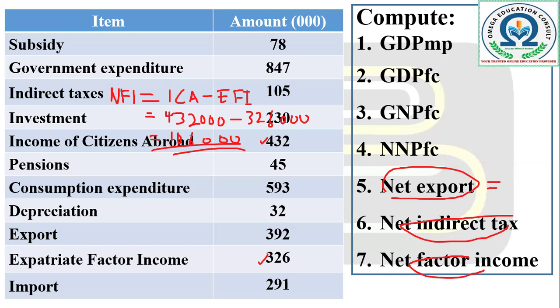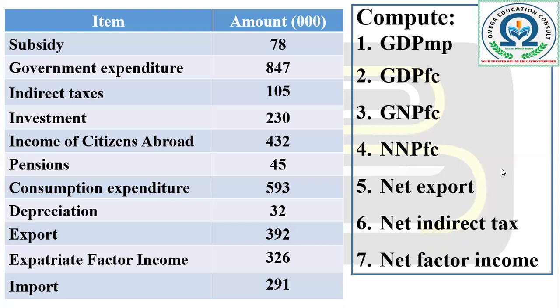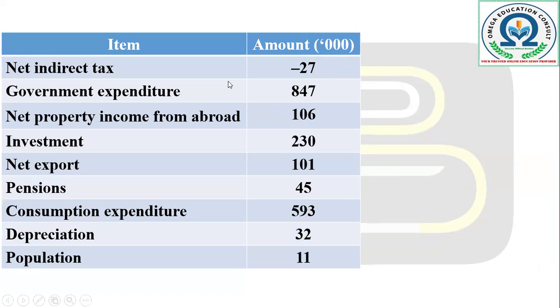So let's observe the next data. And then based on that, we'll do our computation. So the next data is this. So that's what I just mentioned. Take note that you have been given net indirect tax and you've been given net exports and then also net property income from abroad.